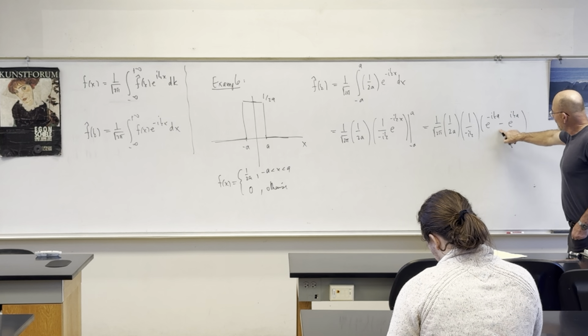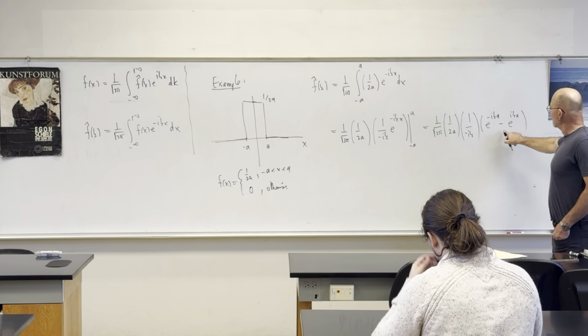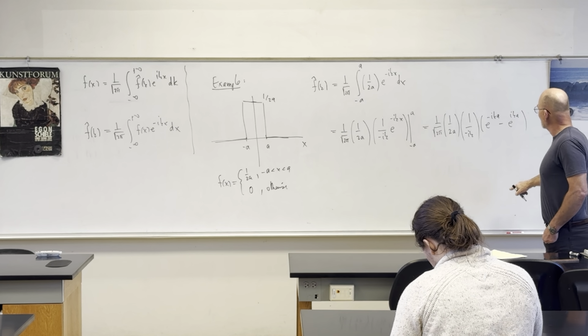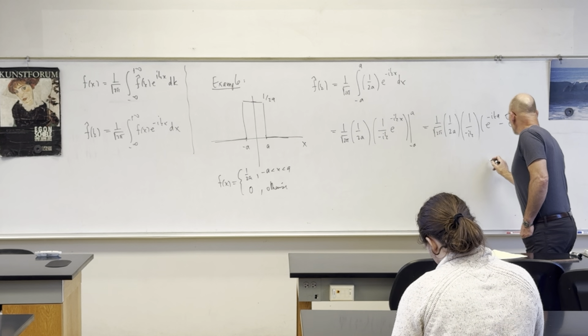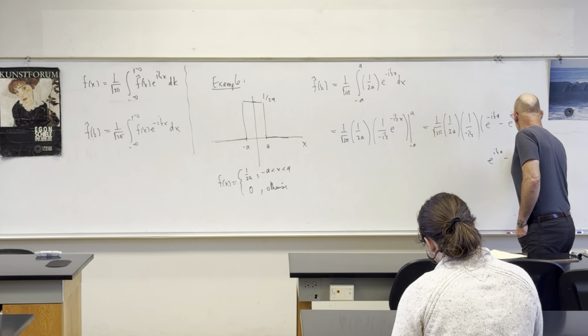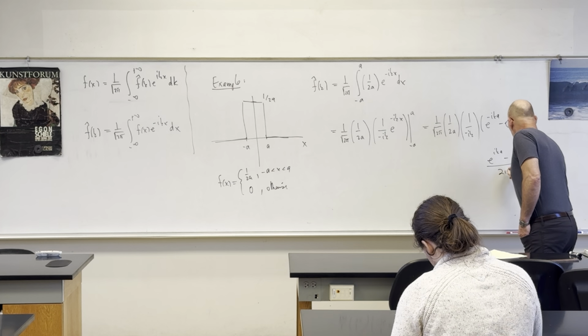So here's where we want to recognize a couple of things. The trig functions that are buried in here. So I can actually take the e to the i k a minus e to the negative i k a divided by 2i.